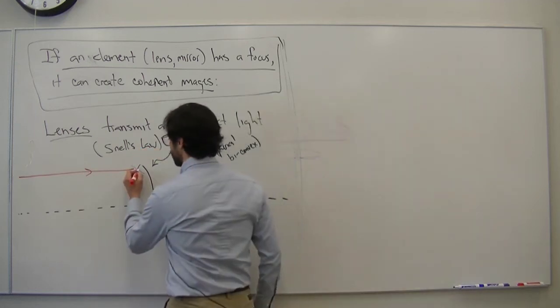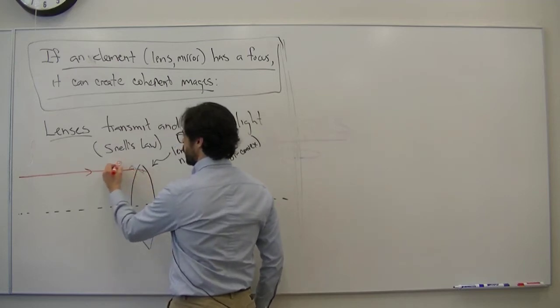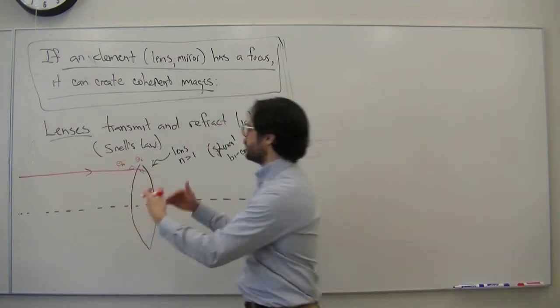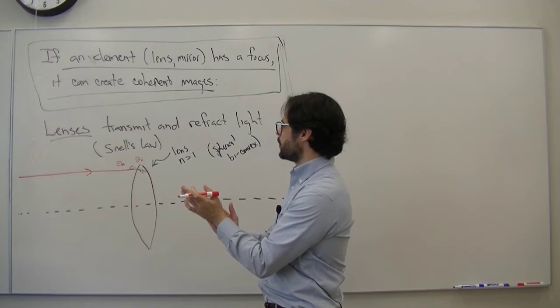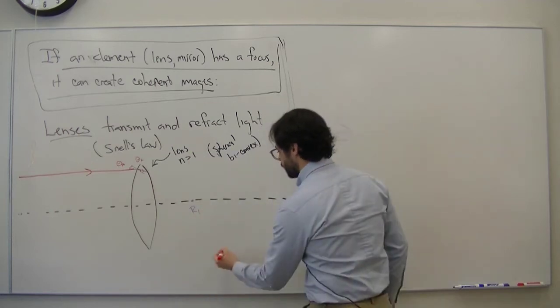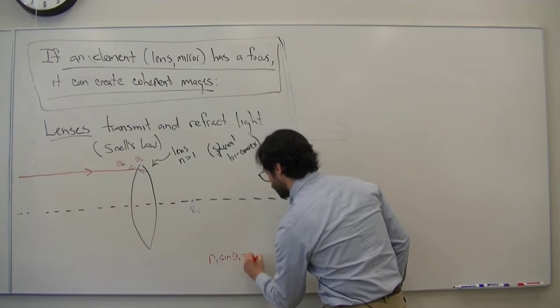If I go from fast to slow, I'm going to bend towards this. So if I looked at these little angles, this would be theta air, and this little one would be theta lens. Theta lens is smaller than theta air because Snell's law tells me that if the index of refraction goes up, then the angle goes down. As a reminder, this is Snell's law.